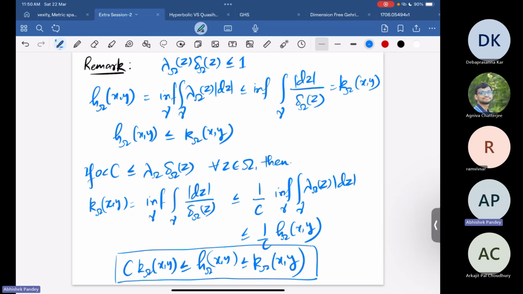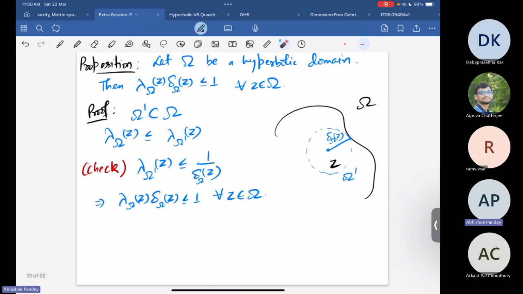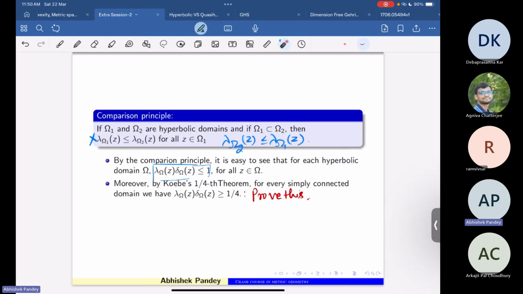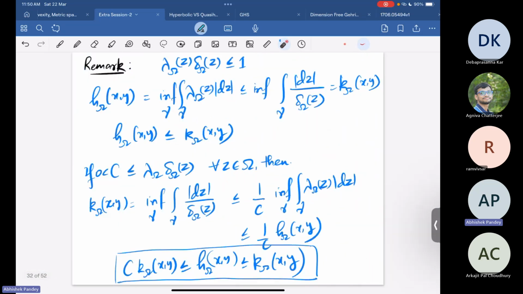So we say that these metrics are comparable if in addition we have this thing. Okay, basically they are bilipschitz. So this is the important thing to note. For simply connected domains, they are always comparable, and that comes from the Koebe 1/4 theorem. So basically, for simply connected domains, we have this inequality. So in simply connected domains, we have that hyperbolic metric and quasi-hyperbolic metrics are comparable.